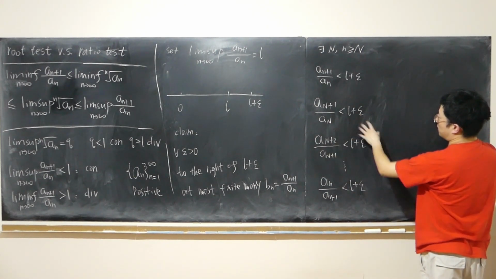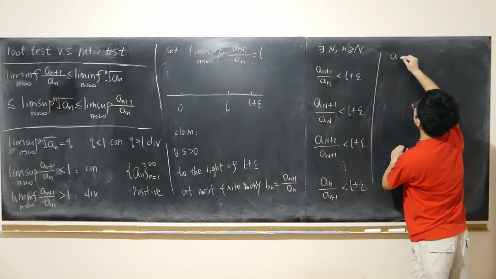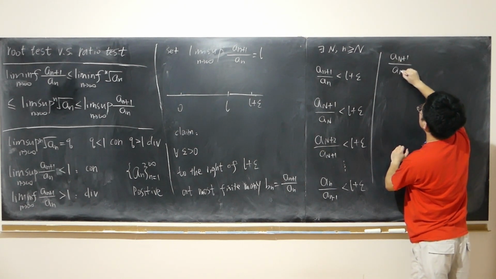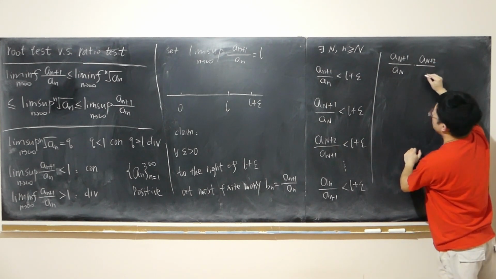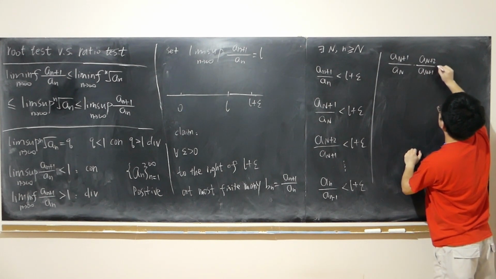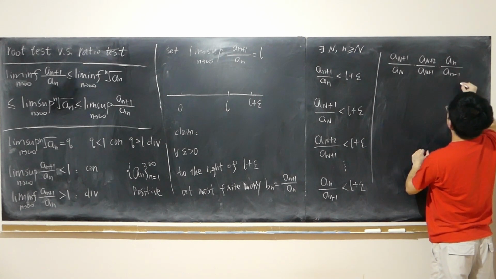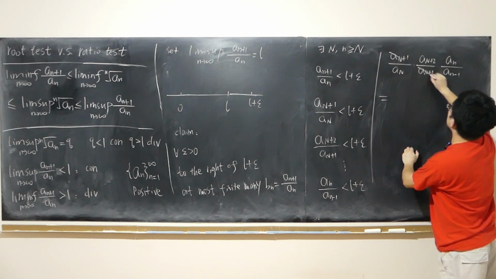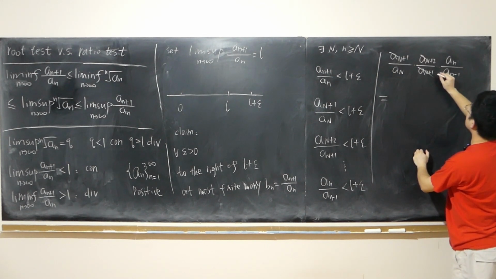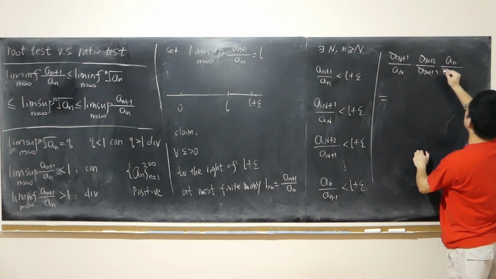Multiply everything together. Now I have a_{N+1} over a_N multiplied by a_{N+2} over a_{N+1}, and so forth, up to a_n over a_{n-1}. This one cancels out with the next one, and the last one cancels out with the previous top one.